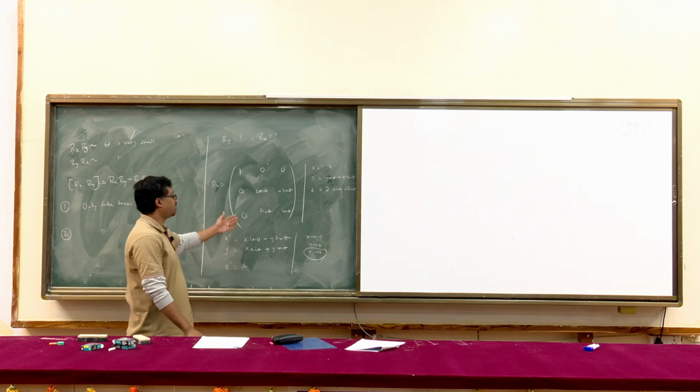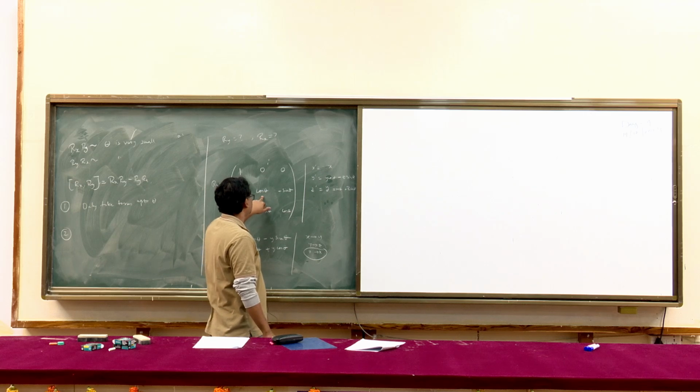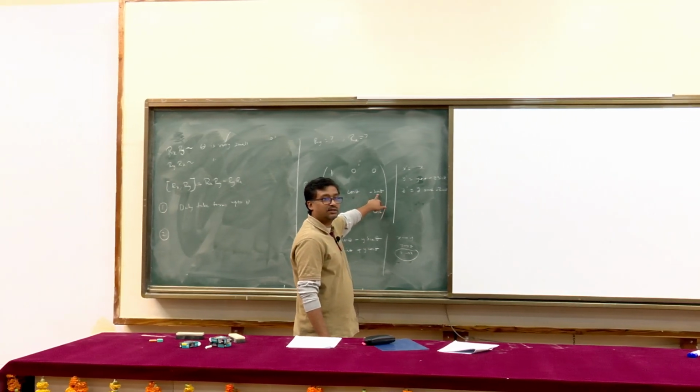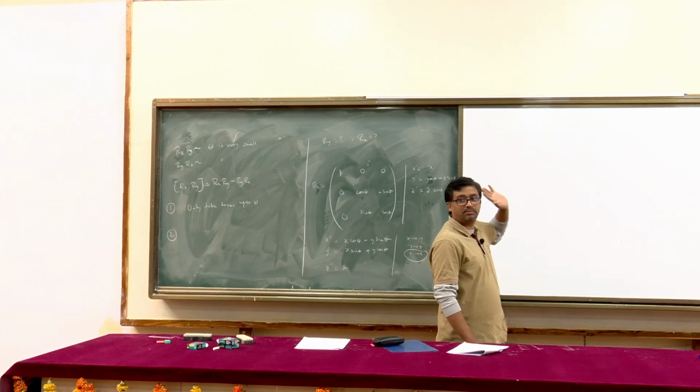Is the problem clear? You have the expressions, you replace cos theta by 1, sin theta by theta, and then take 2 matrix multiplications.